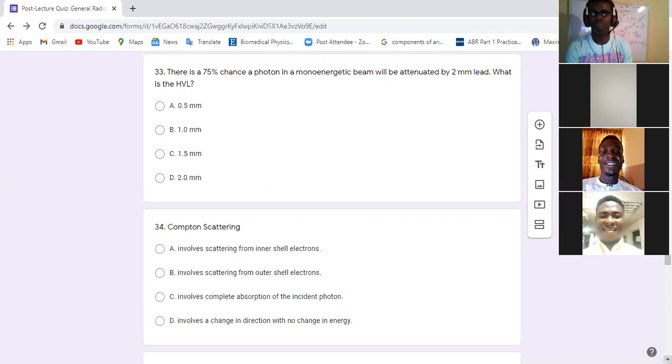The formula I used was HVL equals 0.693 over the attenuation coefficient. Since they gave 75% chance and it's monoenergetic, that should be 0.5. I got 0.9-something and approximated it to 1. I don't know whether there's a better way.